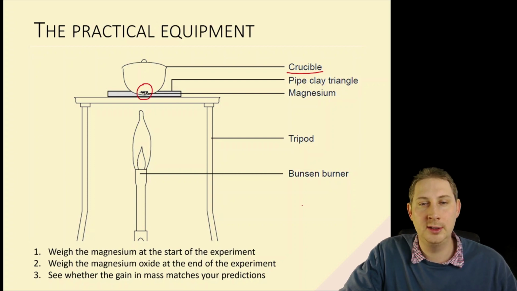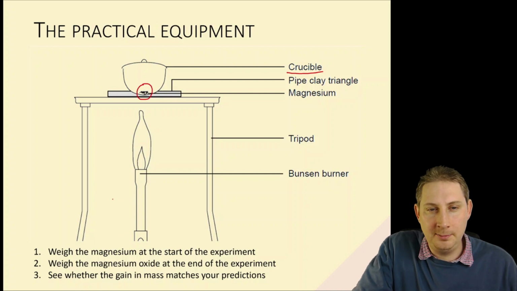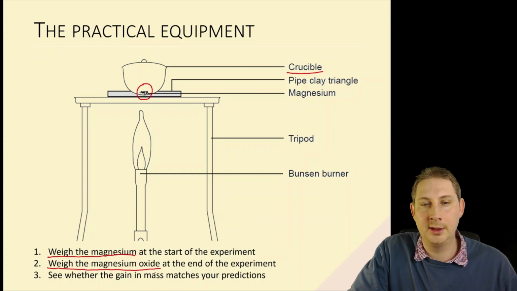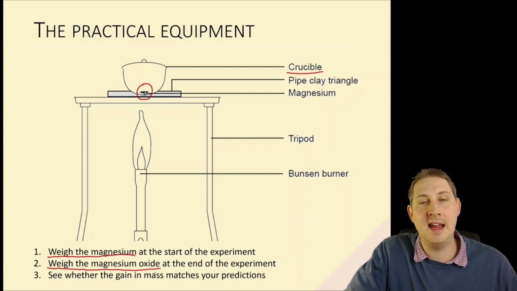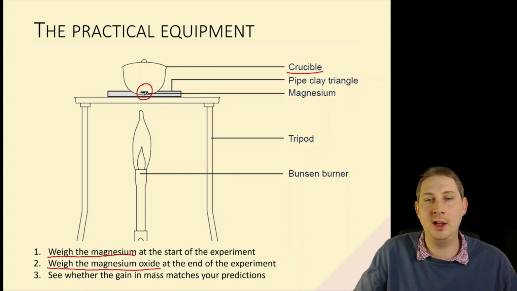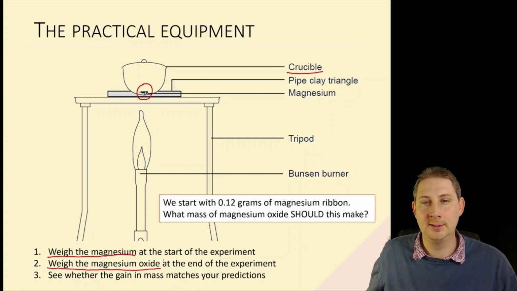So what we do is we weigh the magnesium at the start of the experiment. We then weigh the magnesium oxide at the end of the experiment, and we're going to see whether the gain in mass matches your predictions. So what is your prediction? Well, here's your prediction.